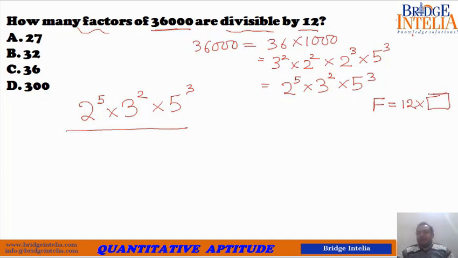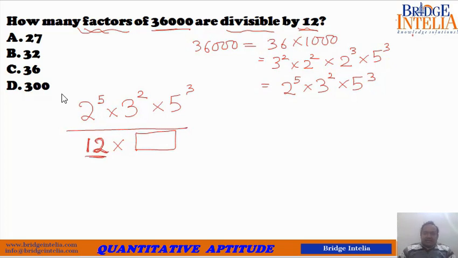So in the bottom you are going to create a number which looks like 12 into something, because the bottom number will be the factor, and writing this ensures that whatever factor you generate is by default divisible by 12.